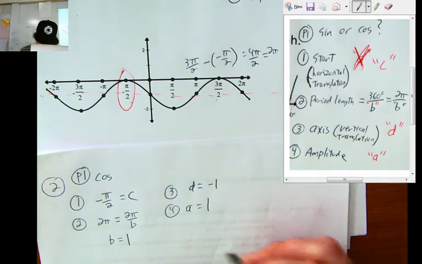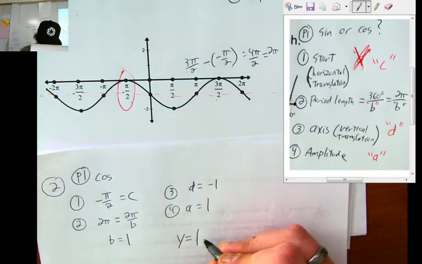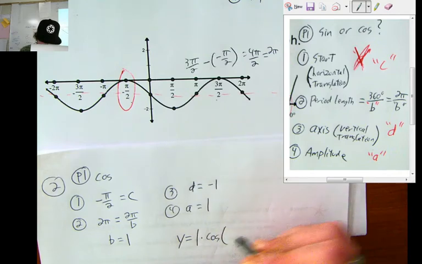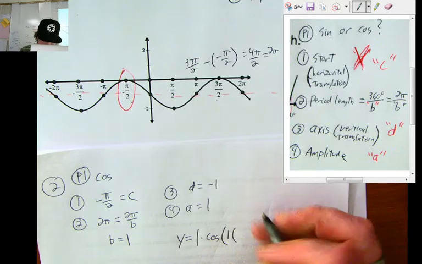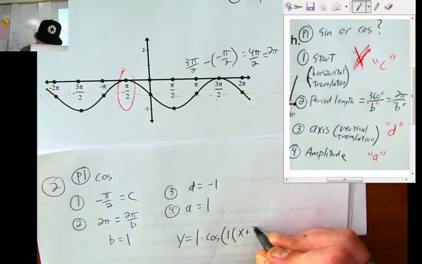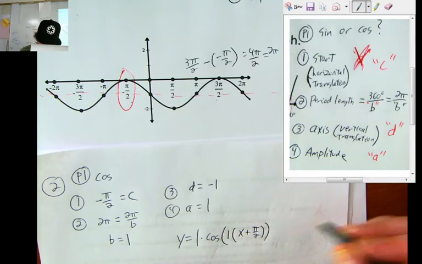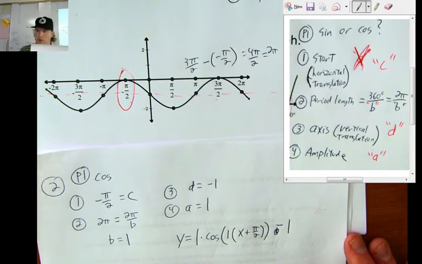Put it all together. Y equals amplitude 1 times cosine of, the b was 1, so 1, parentheses, c was negative pi over 2, so x plus pi over 2, close, close, and then plus d, so minus 1 for the vertical shift.